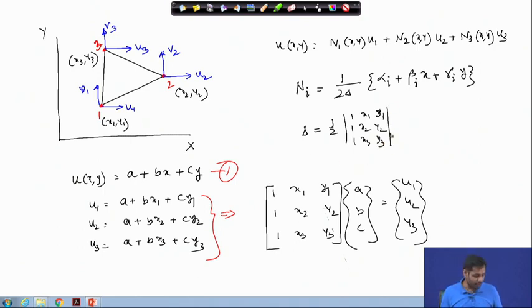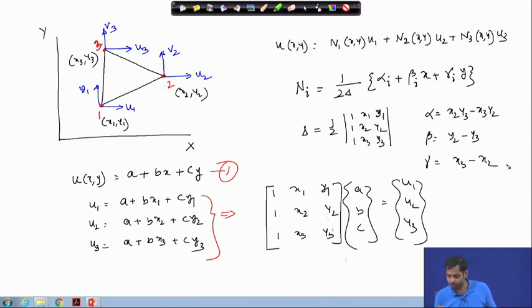And what is alpha, beta, gamma? Alpha is equal to x2 y3 minus x3 y2, and then beta is equal to y2 minus y3, and gamma is equal to x3 minus x2.